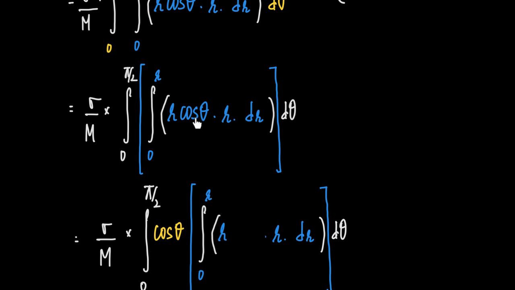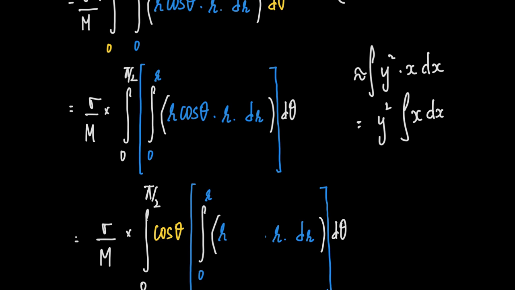So cos theta is a function which is dependent on theta, which will be integrated only with d theta, and therefore cos theta is a constant when you consider dr. This is analogous to saying integral y square x dx is actually equal to y square into integral x dx, because when dx is the variable, y is a constant.